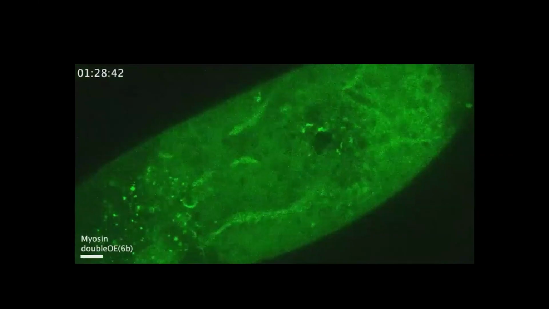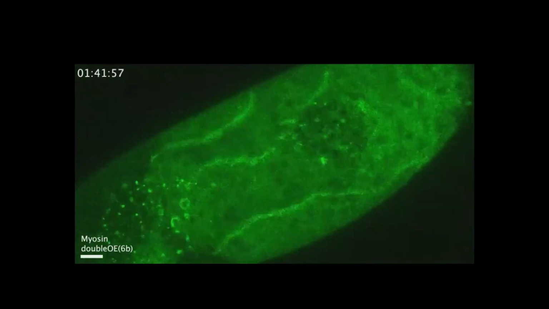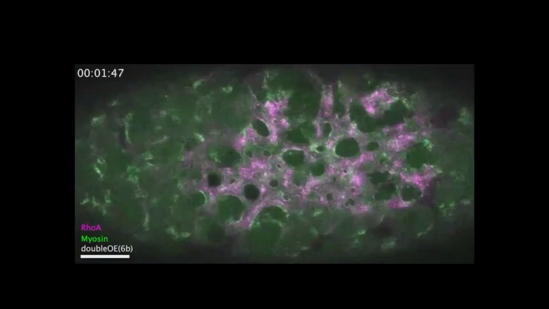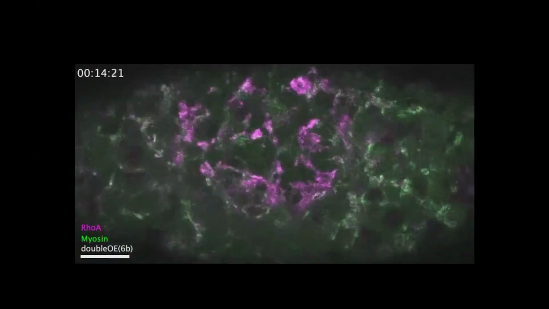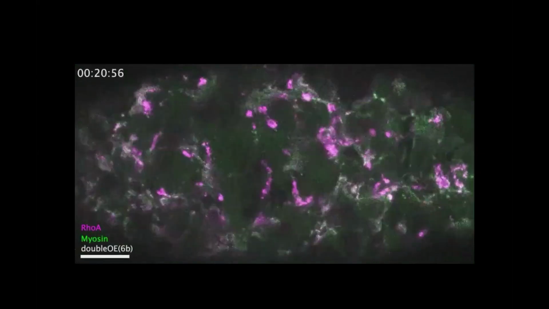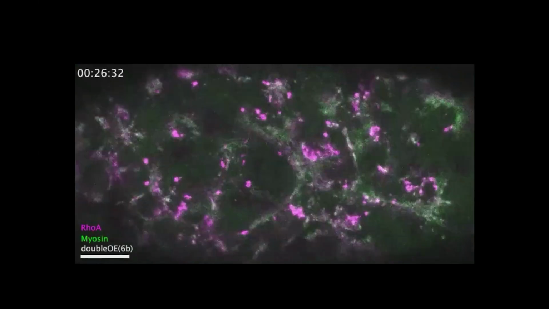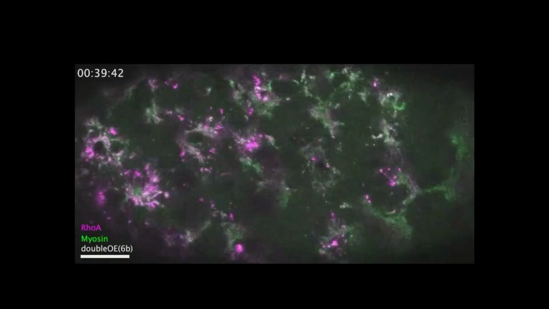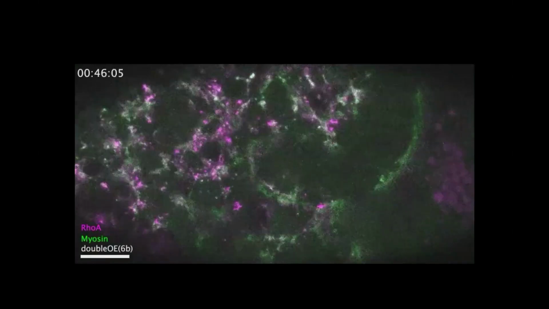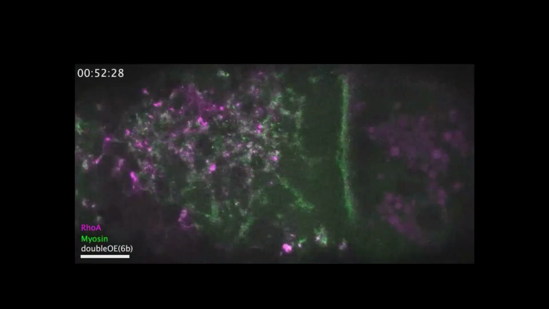And do you have any idea how the GAP could be recruited in response? Is it the concentration of the actin that recruited it? Possible, but we don't have any evidence. So the C GAP is a GAP domain and nothing else.